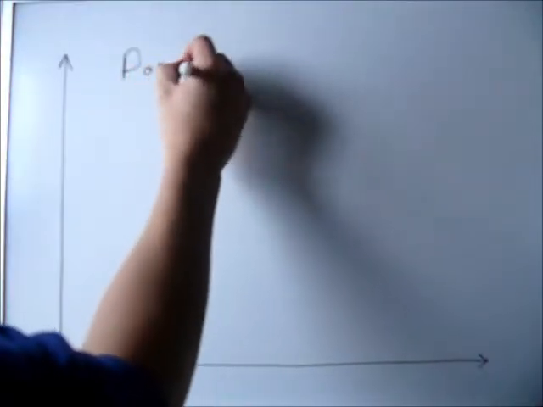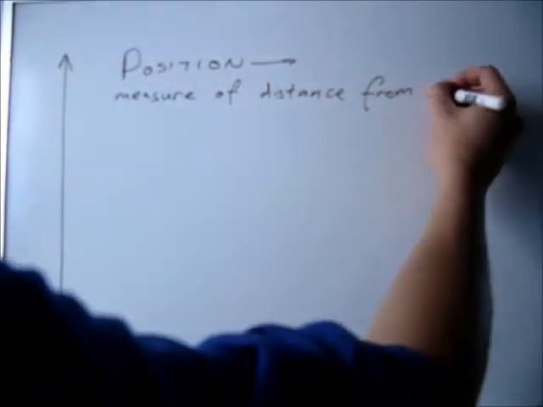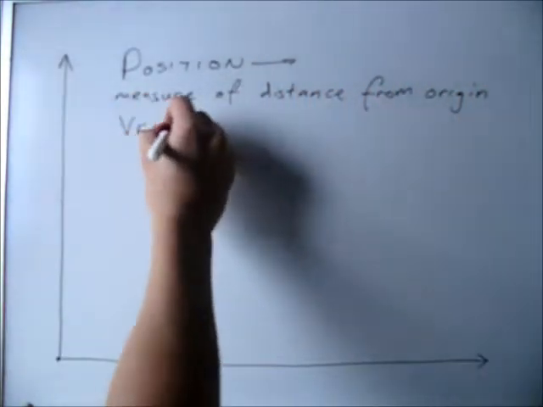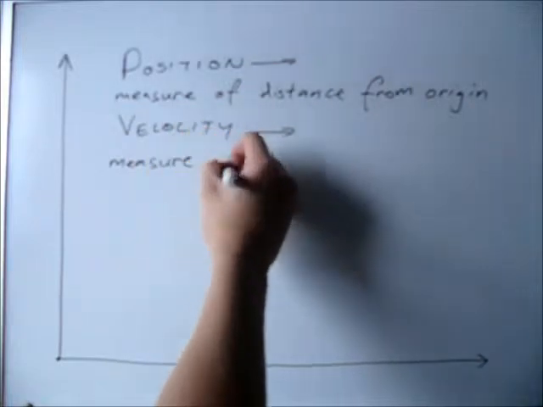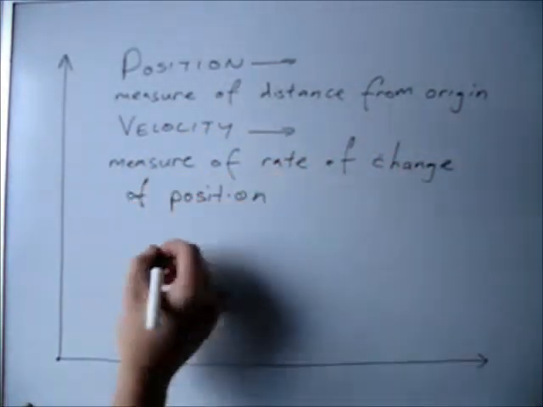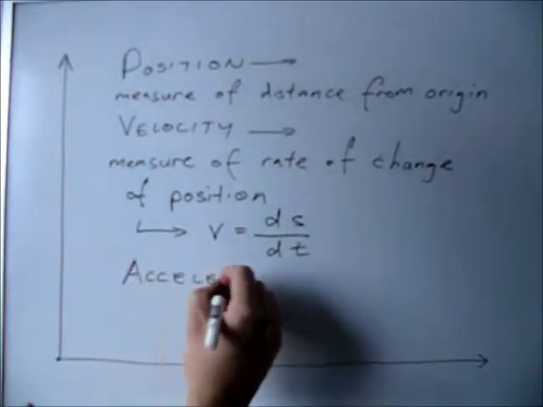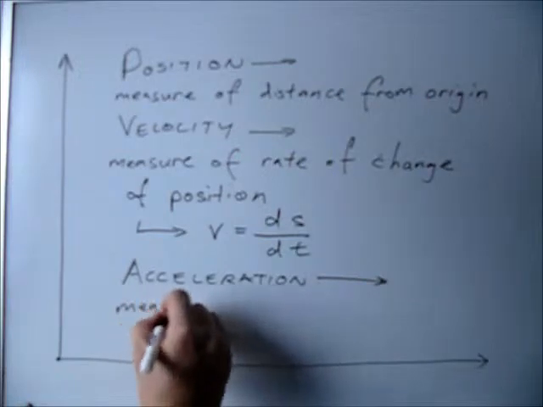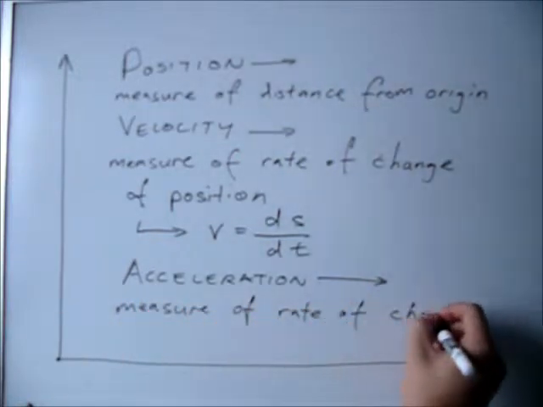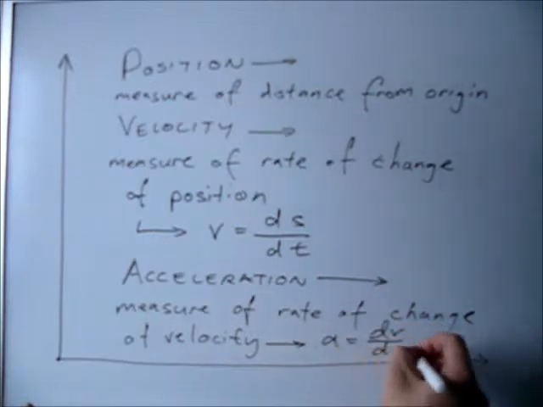Now, position is a measure of distance away from the origin we defined earlier on, and velocity is a measure of the rate of change of the position. Similarly, acceleration is a measure of the rate of change of velocity, or in terms of differentials, it's the second derivative of position over time.